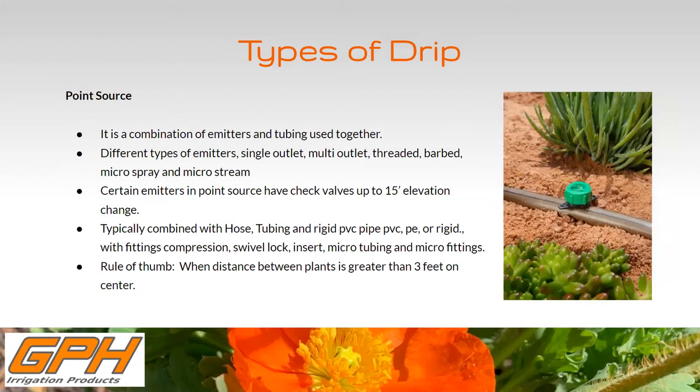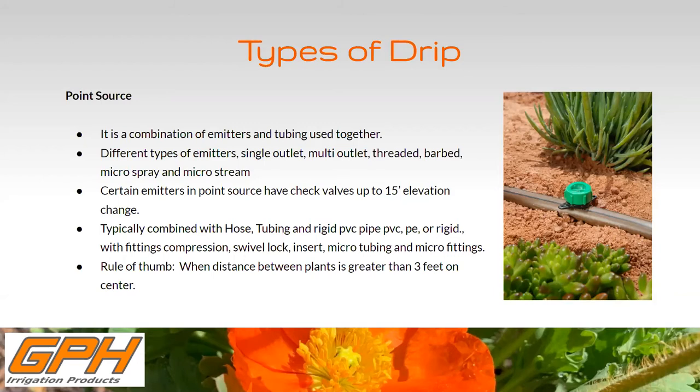Point source is the other type. What point source is, is a combination of emitters and tubing used together. There are different types of emitters: single outlet, multi-outlet, threaded, barbed, microspray, and microstream. There are emitters with a little check valve that will check up to 15 feet of elevation change as well.